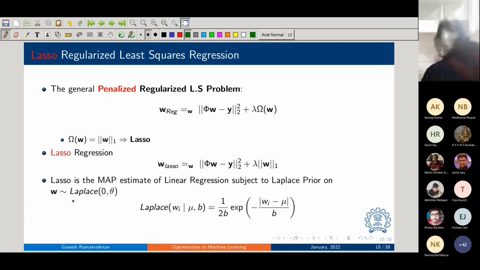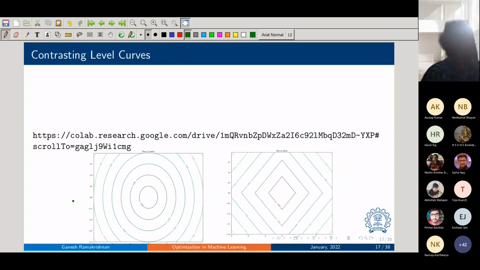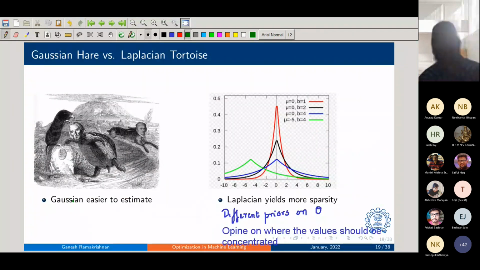This Laplace prior on the weights is what promotes sparsity. You can see the Laplace prior yields a lot of sparsity, whereas the Gaussian is the prior corresponding to the L2 norm.